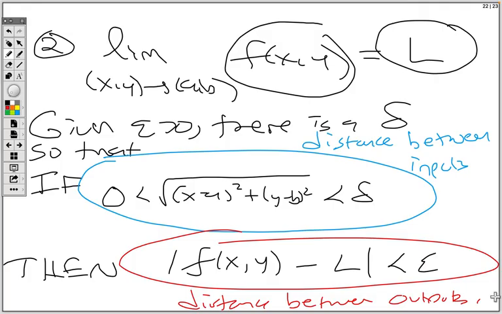Okay. So if we want to generalize this to a function of 3 variables, all we need to do is generalize this to 3 variables. One of the early themes we talked about when we first started looking at 3 dimensions is that going from 1 to 2 is typically the big jump.